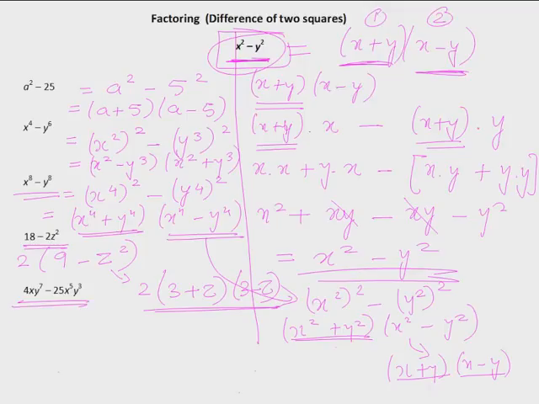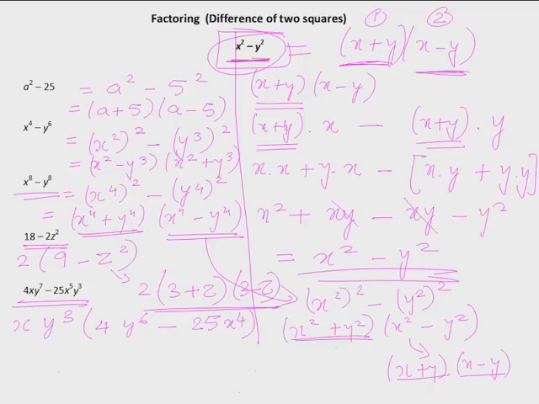How about here? Well, again, 4xy^7 is clearly not a square because it's y raised to 7. And I have 25x^5y^3. So I'll try to pull out some x and y common, and hopefully what I'm left with will be a difference of squares. I can pull out x common from both, and y cubed common from both. What I'm left with is 4y^6 minus 25x^4.